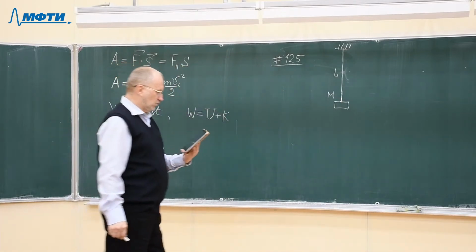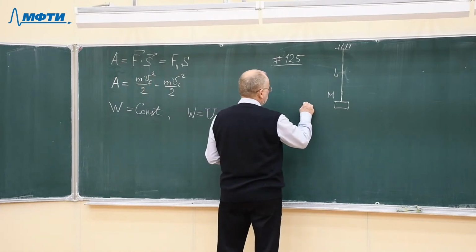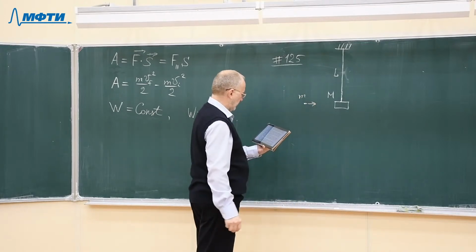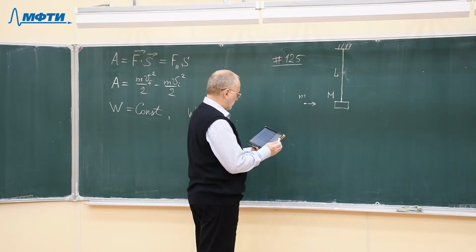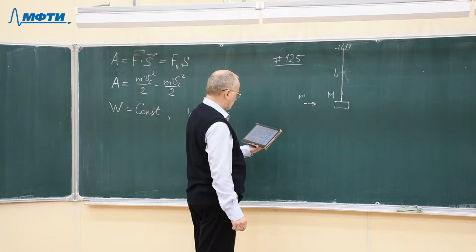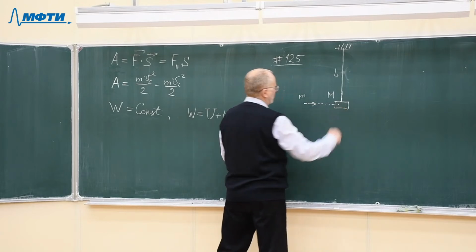A bullet of mass m flies in horizontal direction, strikes the box, and gets stuck in it.